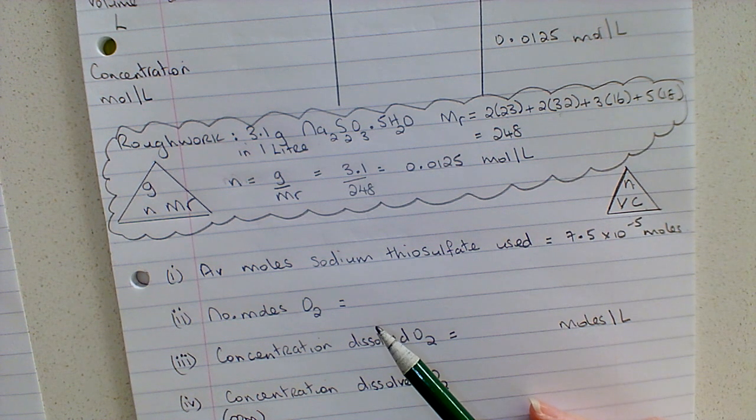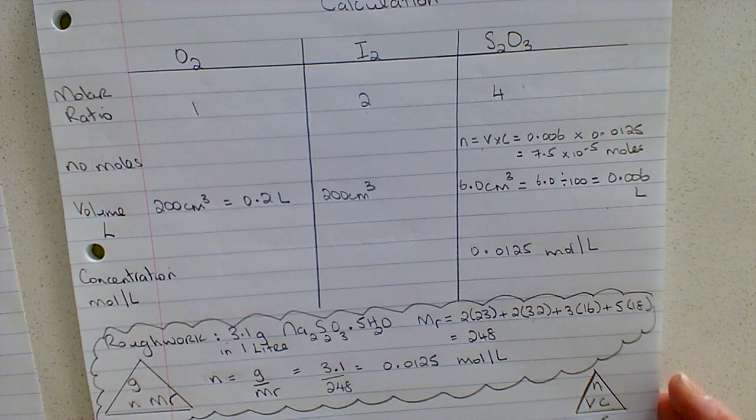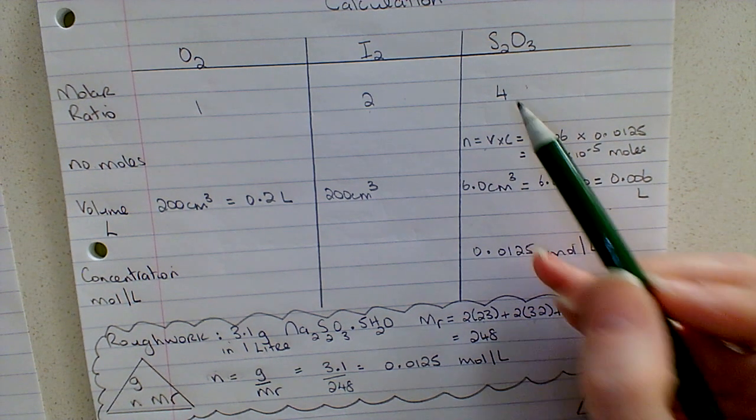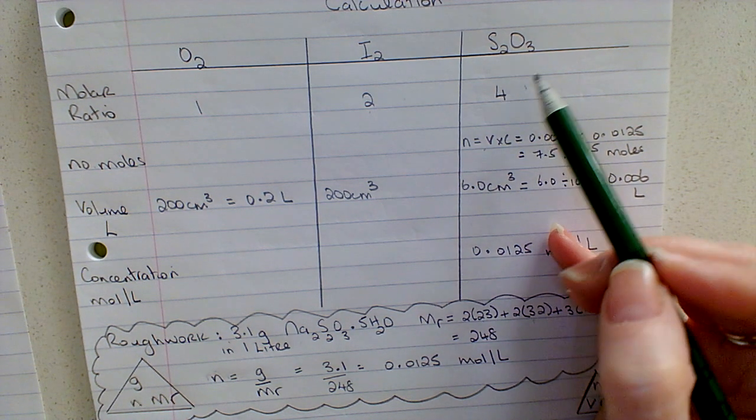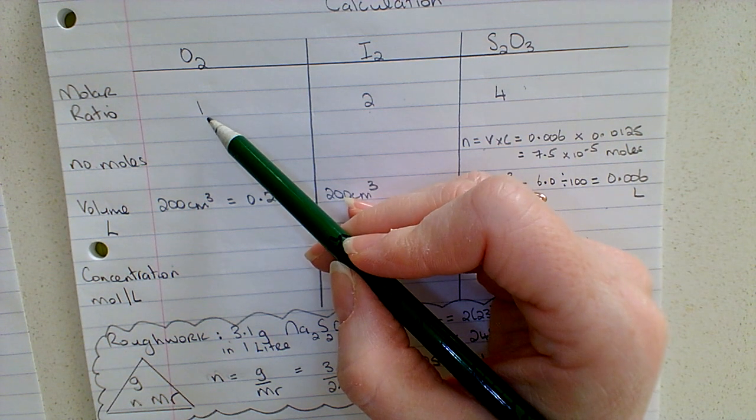So what do I want to know next? Well, I want to know the number of moles of oxygen that released the iodine detected in each titration. So back to my table. I know from my molar ratio that I have 4 times the number of moles of sodium thiosulfate than I do oxygen.